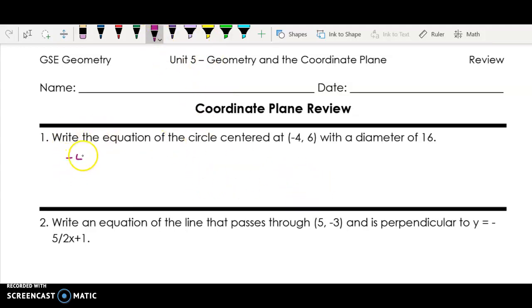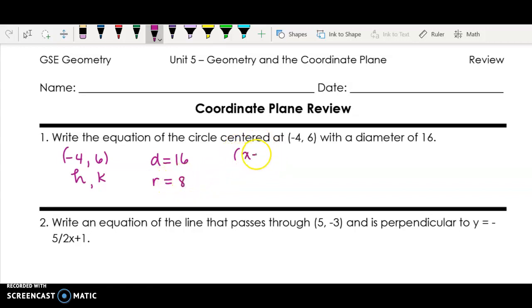So -4, 6, the coordinates of our center, we'll substitute those for h and k into the general equation for a circle. The diameter is 16, and the diameter is twice the radius, so we'll divide by 2. The radius is 8.